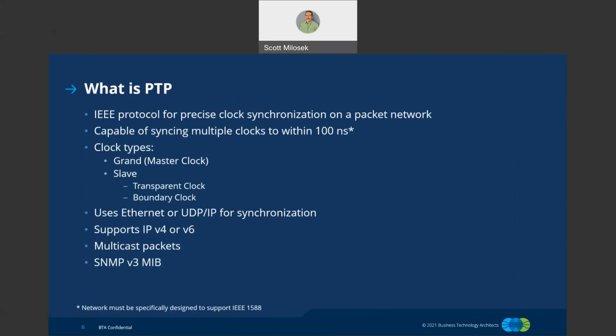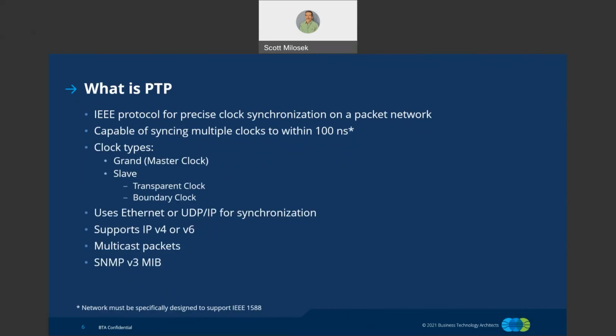So let's talk about what is PTP. Well, PTP was approved, like I said, back in 2002 by the IEEE, and there have been several updates for PTP since that time. And those updates include, as I mentioned before, security aspects that are being added to the protocol to help secure it.